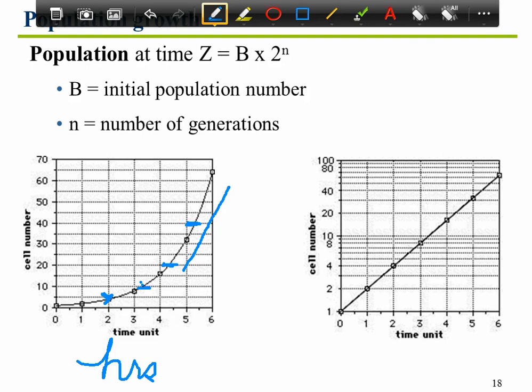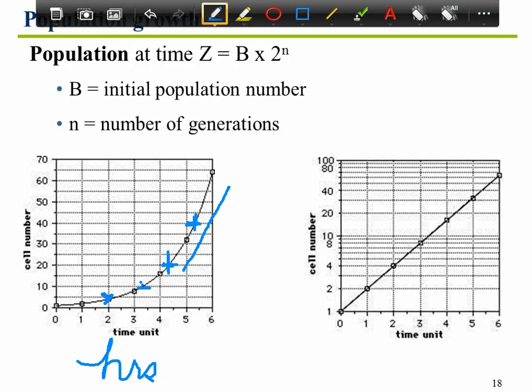And you can actually determine the time it's taking to double using this graph. If this is hours, and let's say right here is where it crosses over the 20 cell line. Look at the 40 cell line right there.